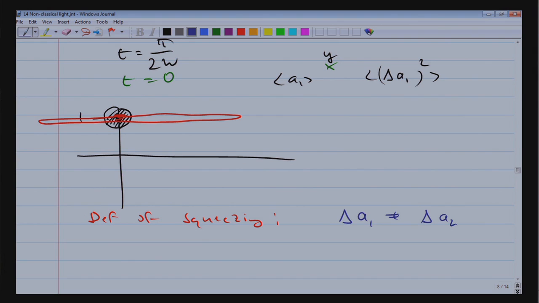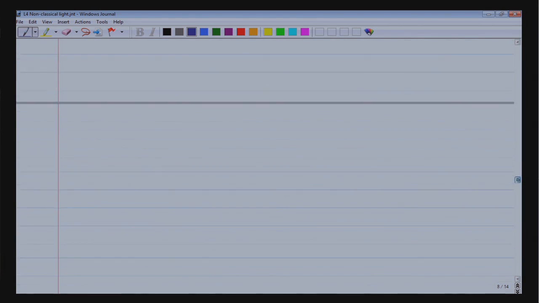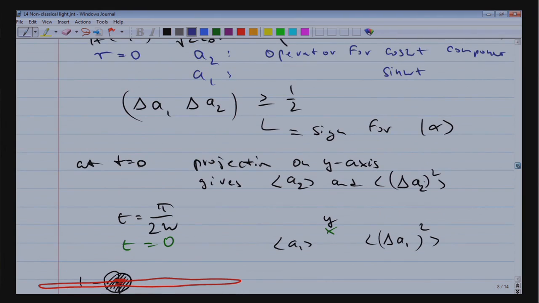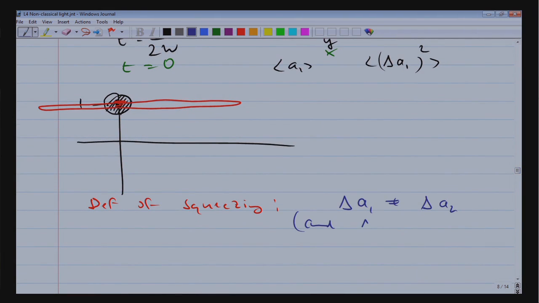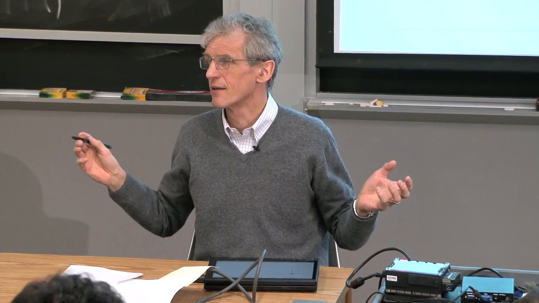So we call it squeezing when the noise in the amplitude of the sine motion is not equal to the noise in the amplitude of the cosine motion. Some people say it a little bit narrower. They apply squeezing to the situation where we are uncertainty limited, and then we squeeze.